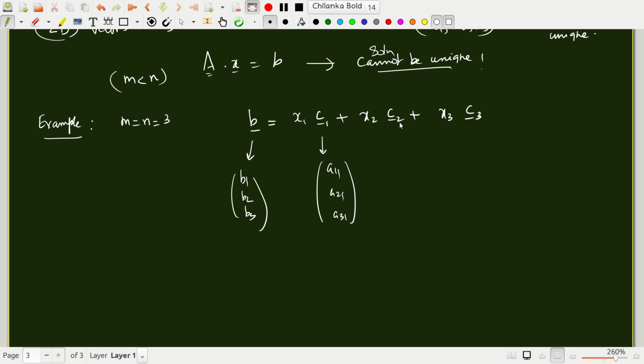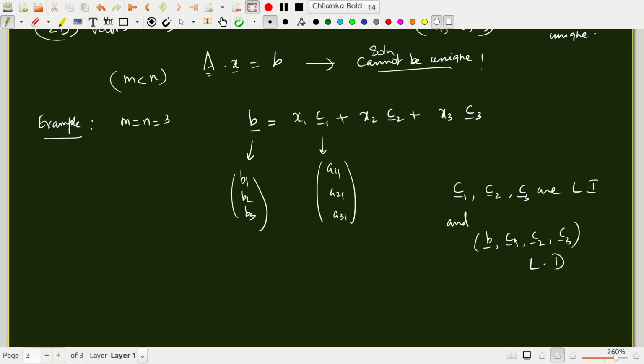So we are trying to expand this vector in 3D in terms of three vectors c1, c2, c3. This is possible as long as c1, c2, c3 are linearly independent and the collection b, c1, c2, c3 is linearly dependent. Only if this set of four vectors is linearly dependent can you express b in terms of c1, c2, c3.